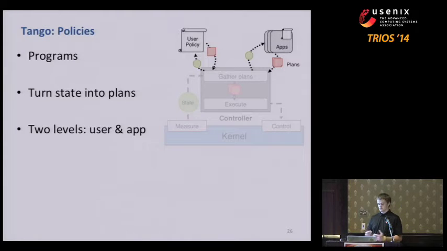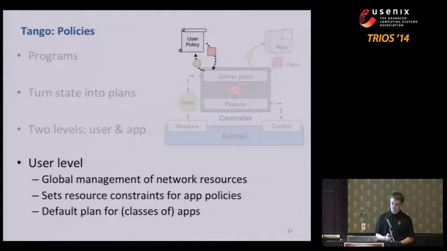Tango policies, obviously a key part of our work, so what is a policy? In this case they are programs that are written to accomplish an entity's goal, where we have two levels of entities. First is the user level, and then there's the application level. We're going to look at the user level policies first. The user level policy is in charge of global management of network resources.